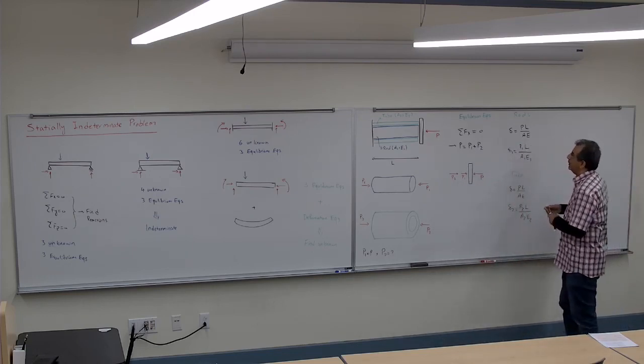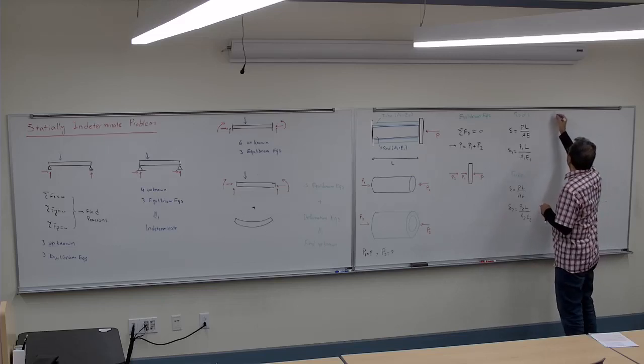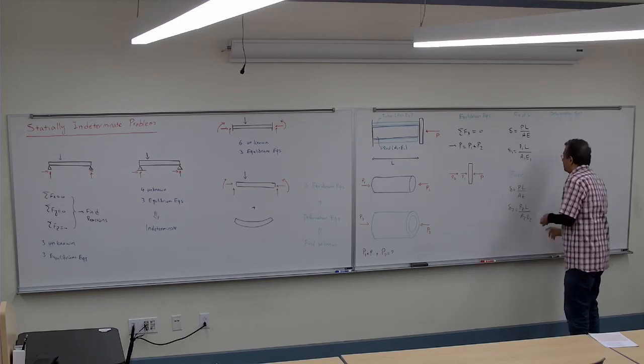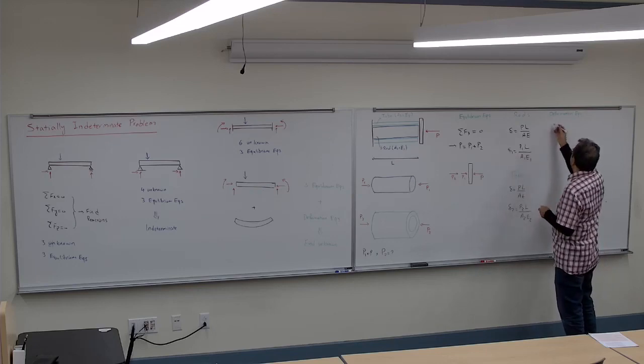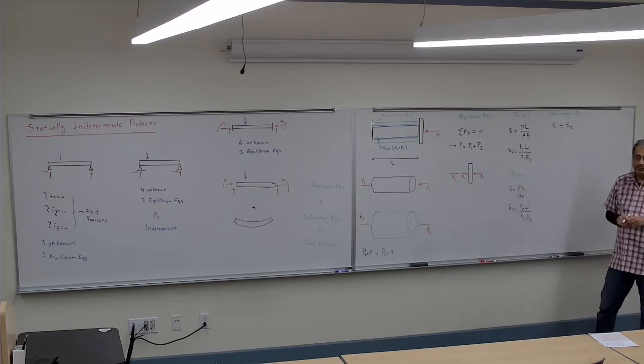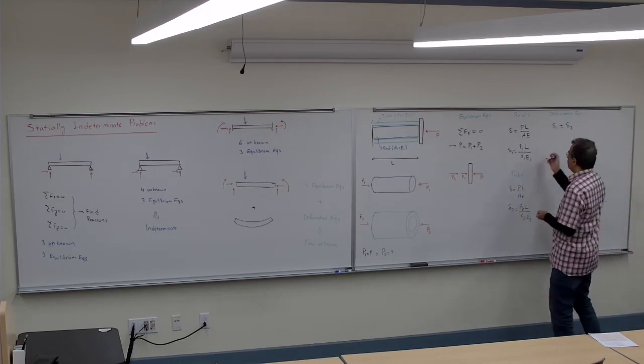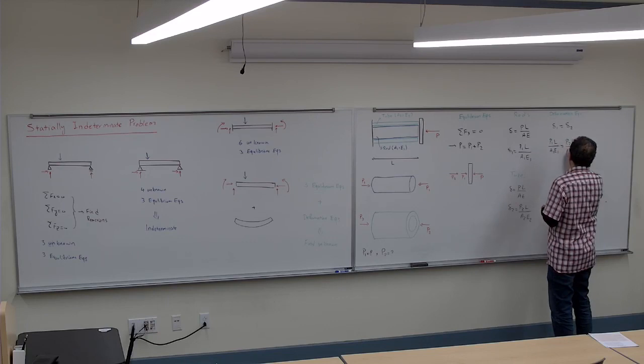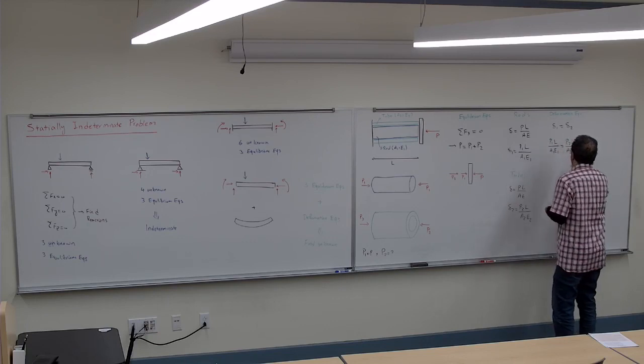Now the deformation equation will tell me that delta 1 should be equal to delta 2. So P1 L over A1 E1 should be P2 L over A2 E2.